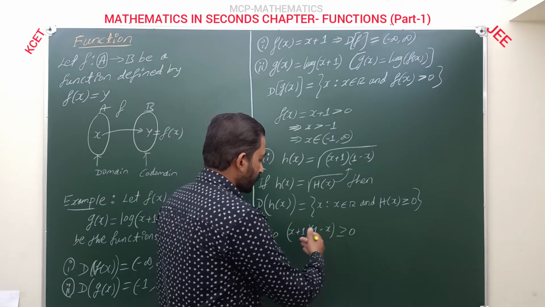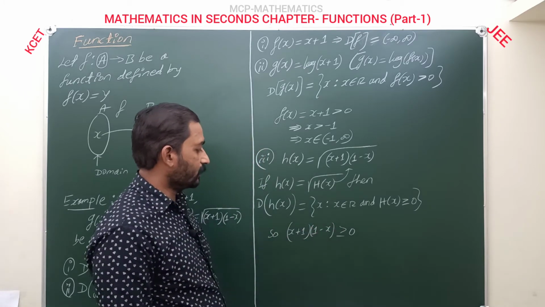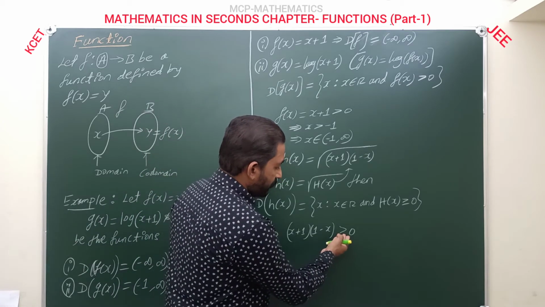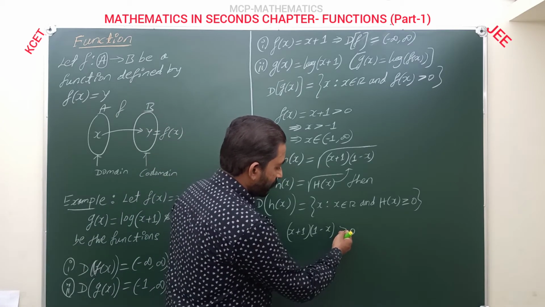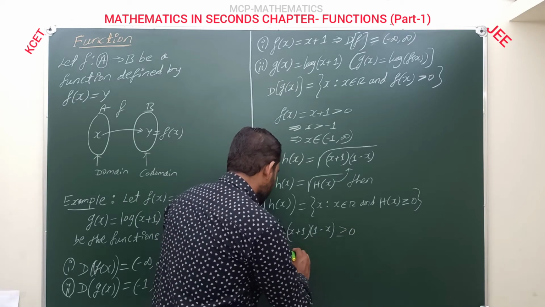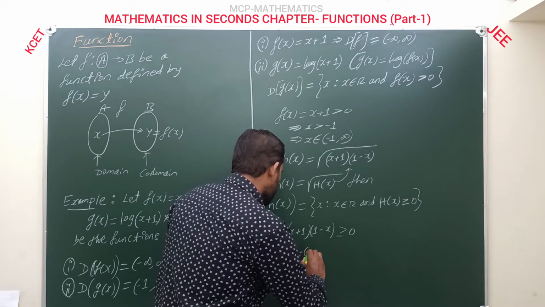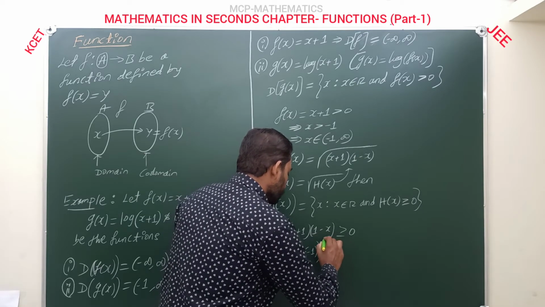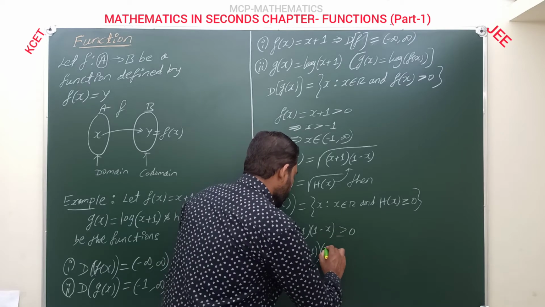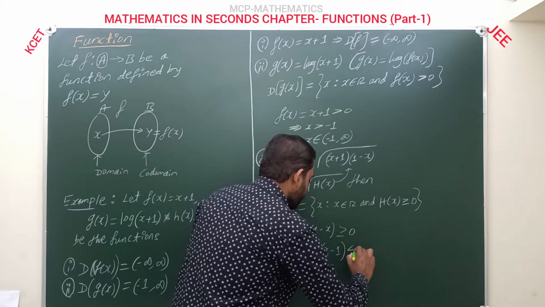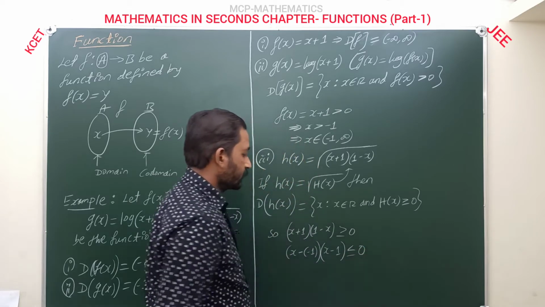So here in this case, it is convenient to multiply by minus 1 on both sides. In a linear inequation, greater than or equal becomes less than or equal. So x plus 1 can be written as x minus of minus 1. Here minus is multiplied on both sides, so it becomes (x minus 1), and greater than or equal becomes less than or equal to 0.